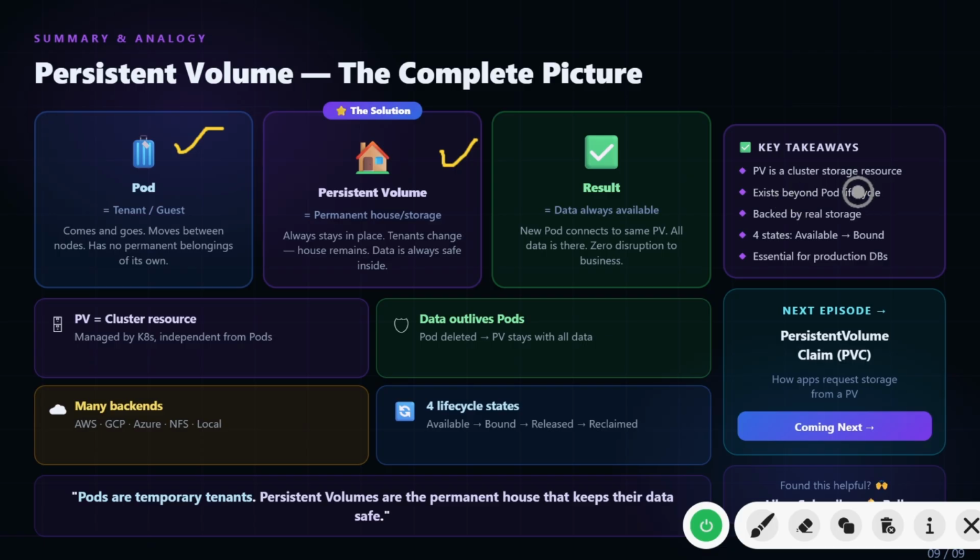The persistent volume is a cluster storage resource, and it can be attached to different pods, containers, and nodes. It exists beyond the pod lifecycle, works in another node also, and is backed by real storage. We have seen the four stages of the persistent volume, and it is especially essential for production databases.